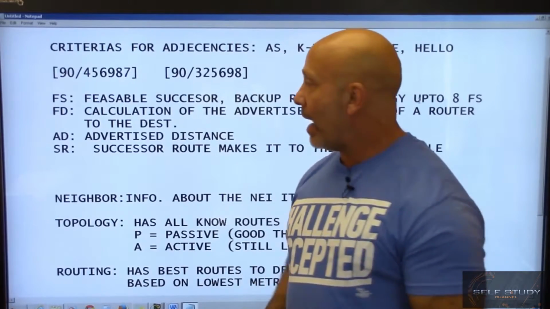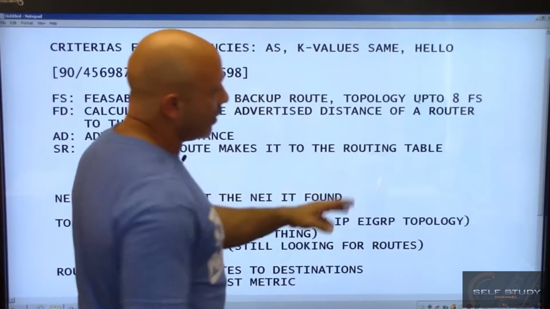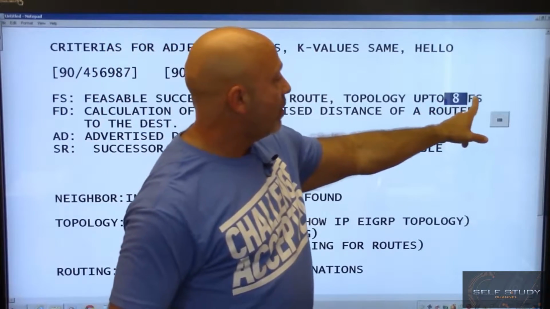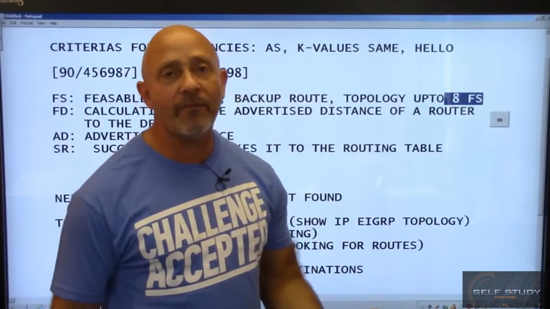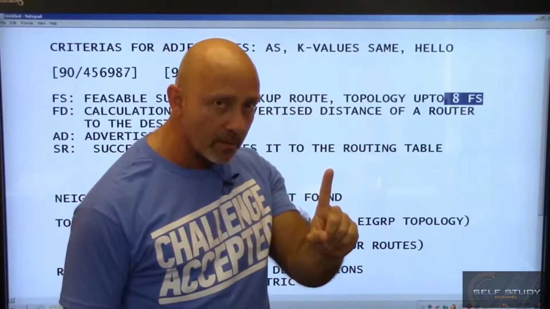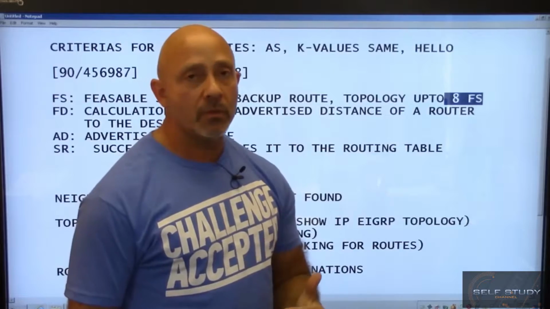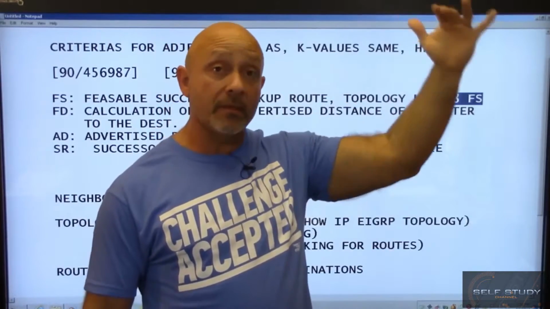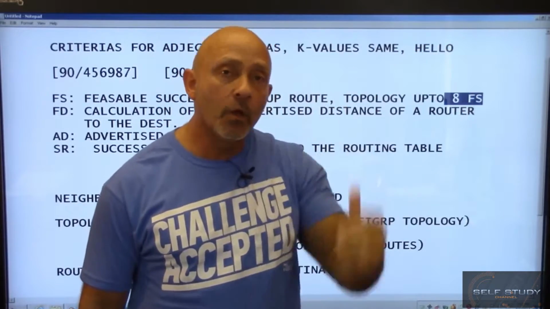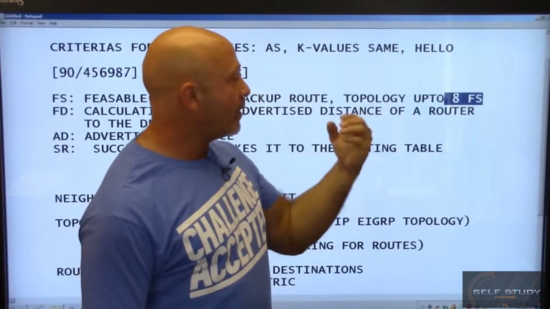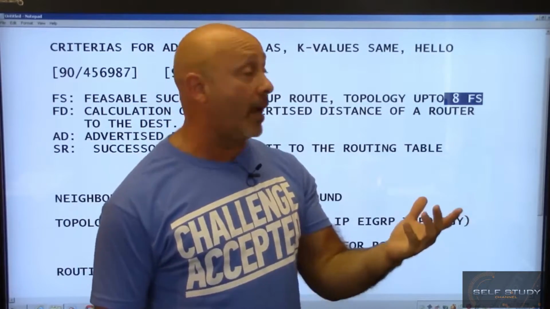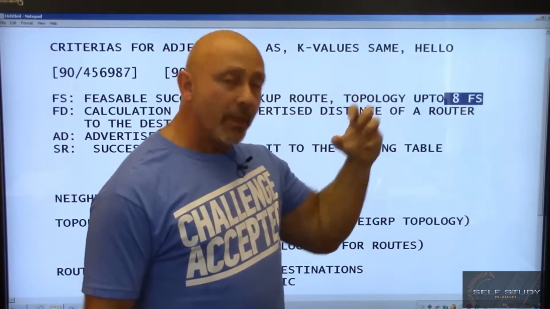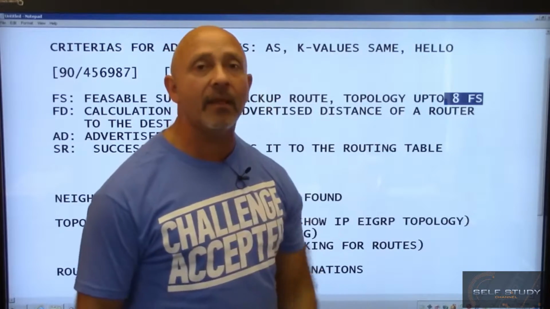Now, as you get into your other certifications, like CCNP, it'll tell you that you want to have a feasible successor, because if your successor route, the one that's in the routing table, goes down, it will actually look at the topology table for a backup route to put in the routing table and then send traffic that way.